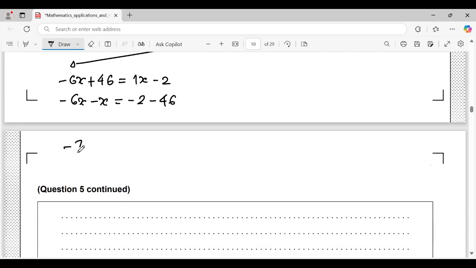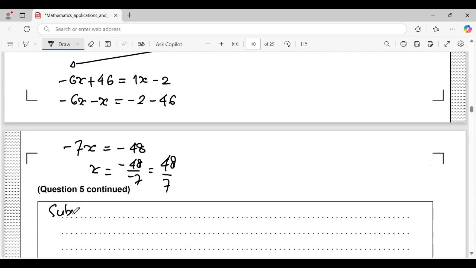And it becomes minus 7x equals minus 48. Yes. It means x equals minus 48 over minus 7, or 48 over 7, becomes positive. This is x. And next we're going to find y.